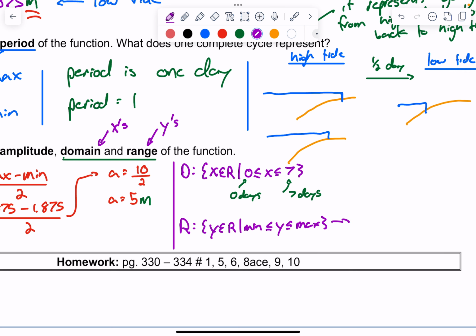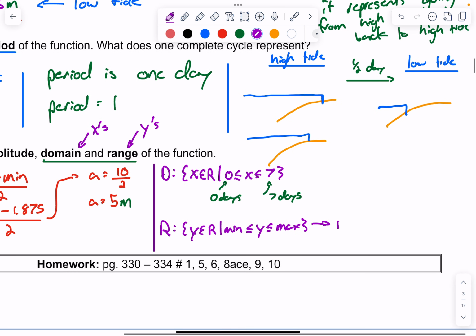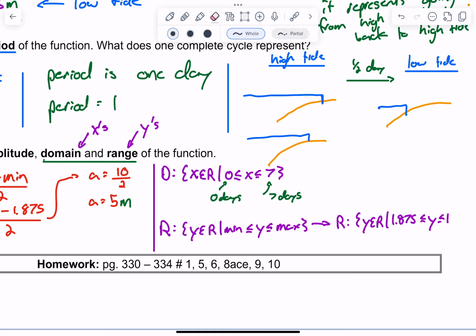If I was to write that out, your range would be y belongs to real numbers. Well, we know our min. Our min is 1.875, less than or equal to y, and we know our max. Our max is 11.875.